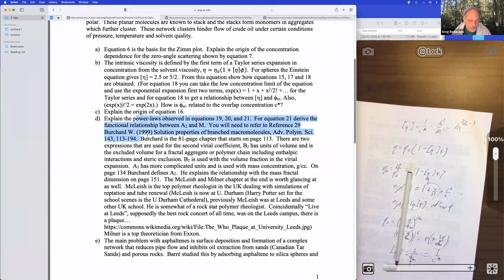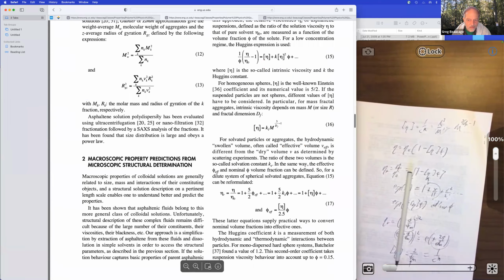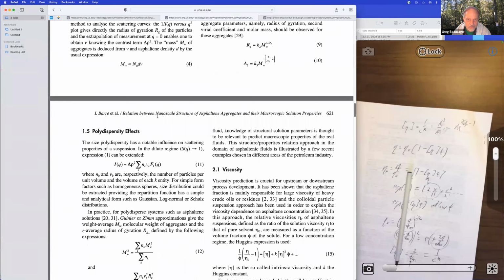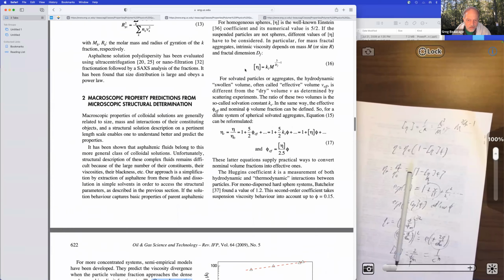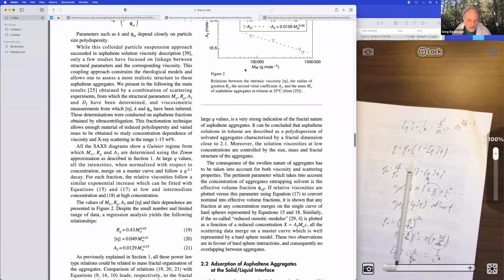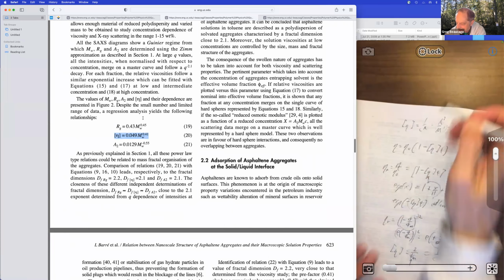Then the power laws observed in equations 9, 20, and 21. Okay, so equation 9 is just the mass fractal law. That's kind of a definition. 20 comes from this 3 by df minus 1.